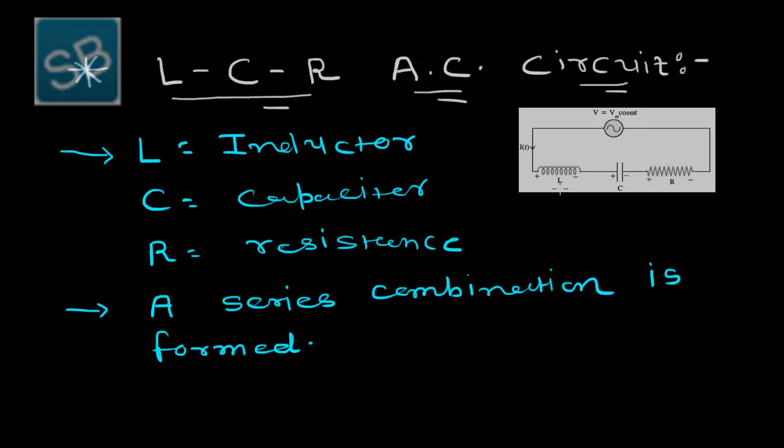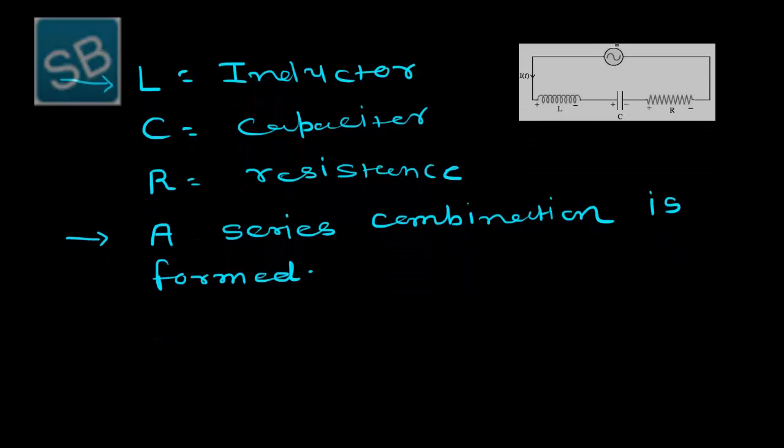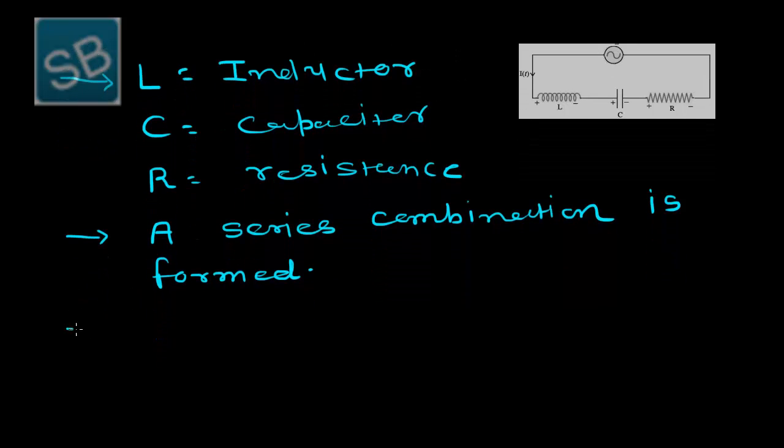Now, if you do not apply any voltage to this series combination, then there is no meaning of such an arrangement. And so we are applying here the voltage V, and the voltage is given in the cosine function. So the voltage applied to the AC circuit is given by V equals Vm cos omega t.